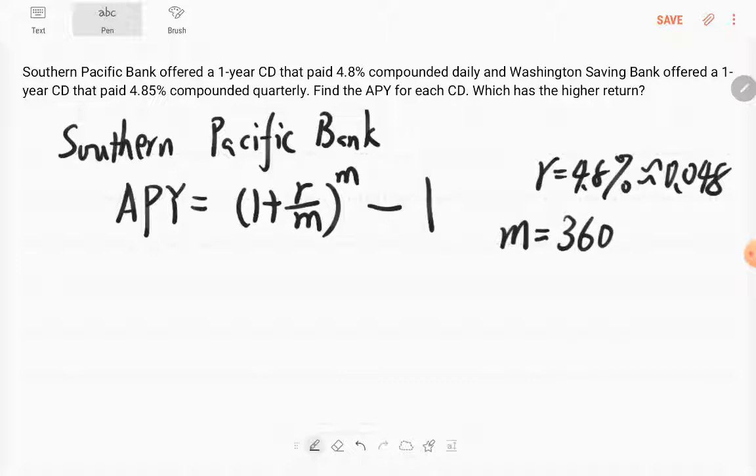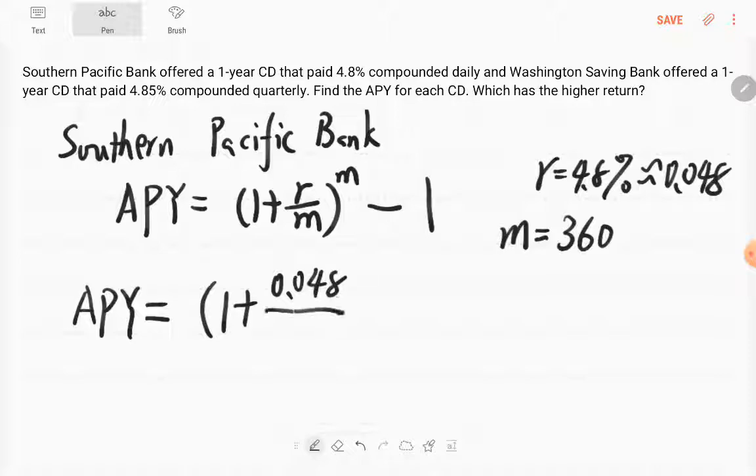Okay, so let's calculate the APY. For Southern Pacific Bank, the APY is equal to (1 plus 0.048 divided by 360) to the 360, minus 1.